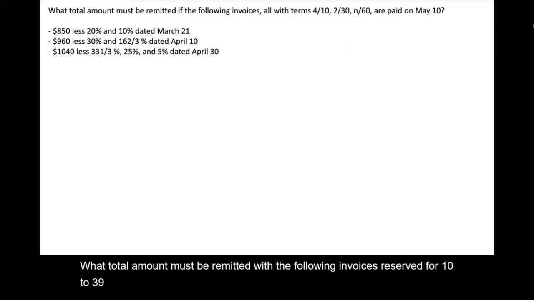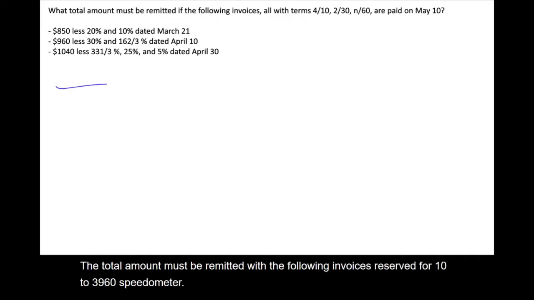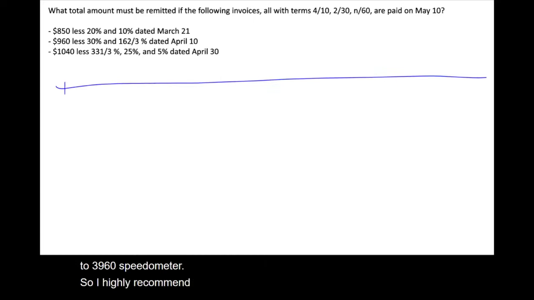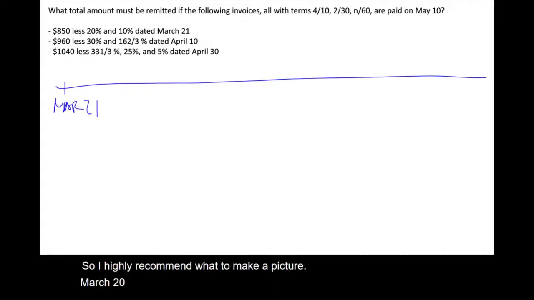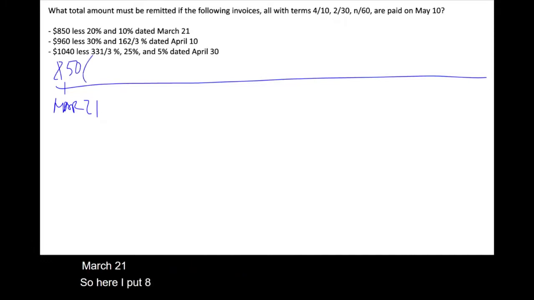Okay. What total amount must be remitted if the following invoices are paid on May 10? So I highly recommend making a picture. March 21. So here I put 850 and 1 minus 0.2, 1 minus 0.1. Okay.